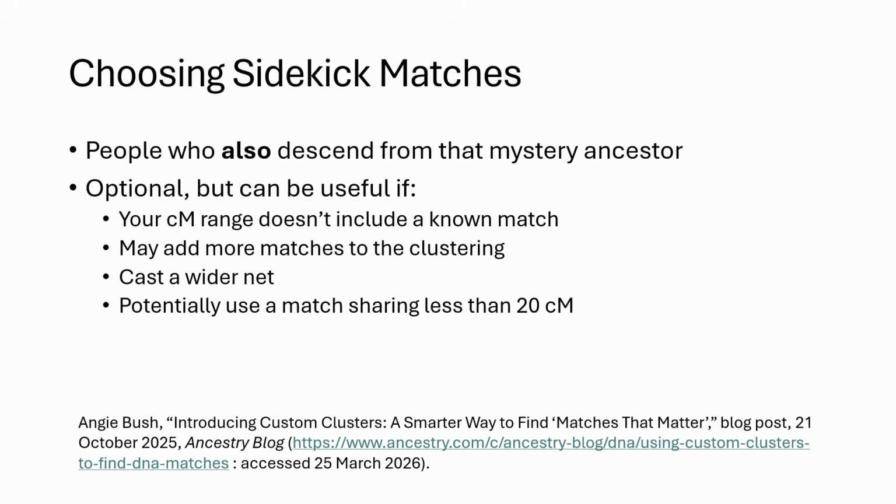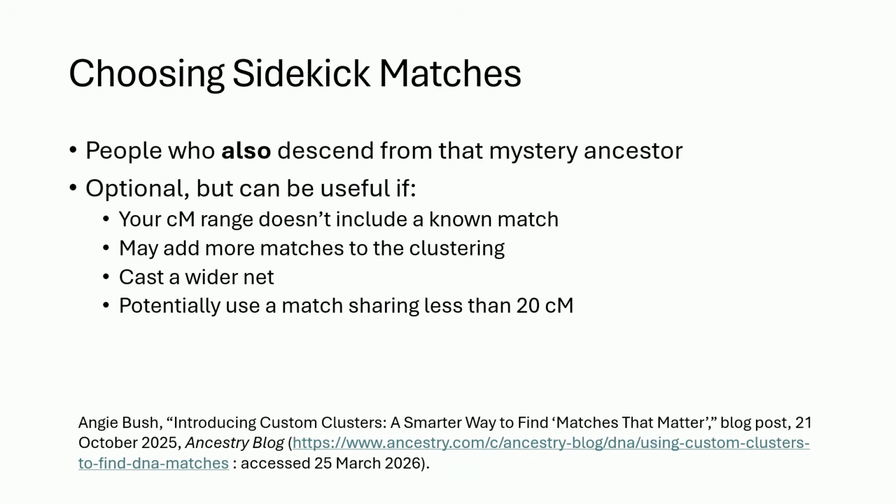Your centimorgan range maybe is lower than one of the people that you'd like to include. So then in that case, you could add a sidekick that's outside of your centimorgan range. So maybe you're only going from 20 to 60 centimorgans, but you have a sidekick potential match that shares 90. So you can include them as a sidekick.